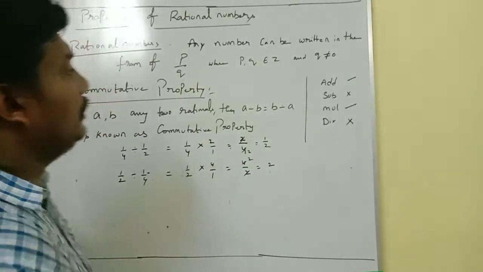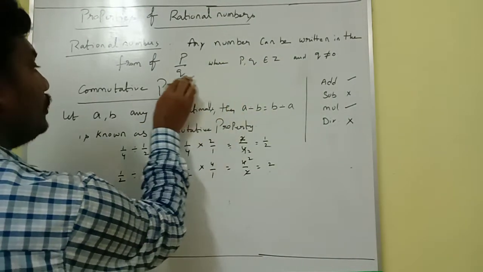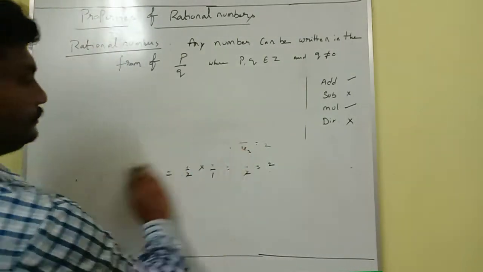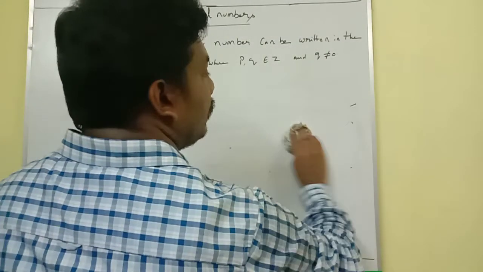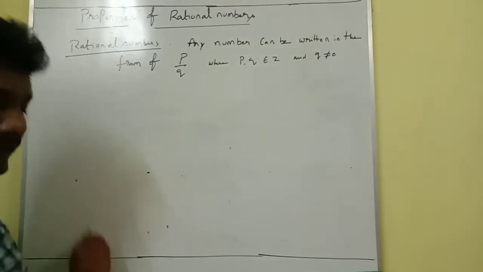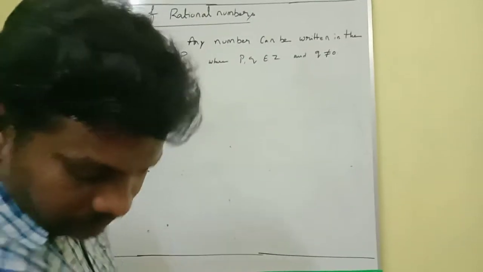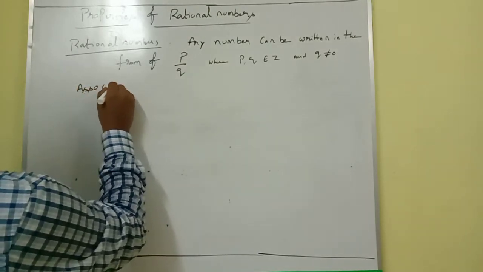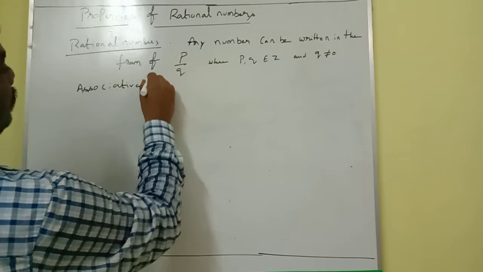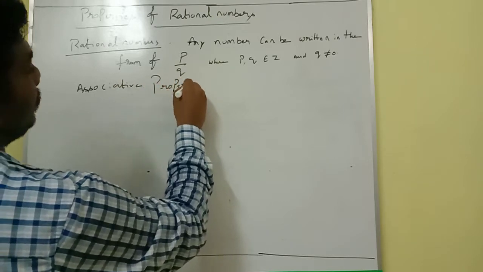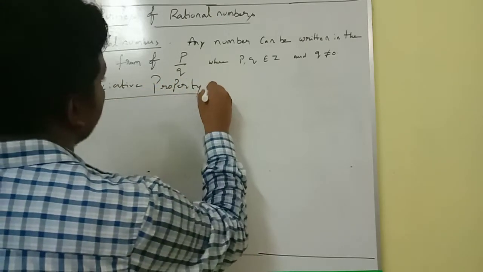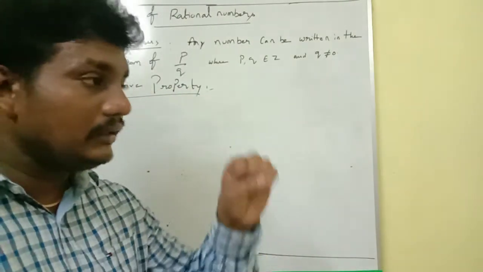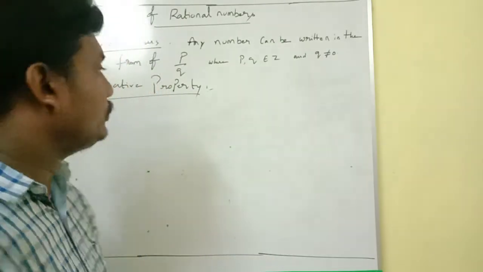Now we go for another property, that is called the associative property. What is the associative property? Let me check now. Very simple, the associative property. To check whether it is associative, we should consider three rational numbers.